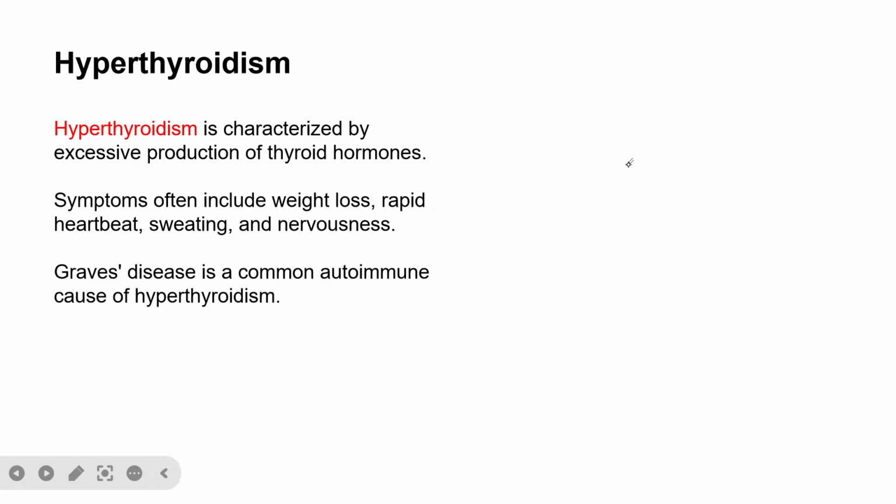In the case of hyperthyroidism it is due to Graves' disease, and in the case of hypothyroidism, it is caused by Hashimoto's thyroiditis. So these are the autoimmune diseases that are associated with these two disease complications.